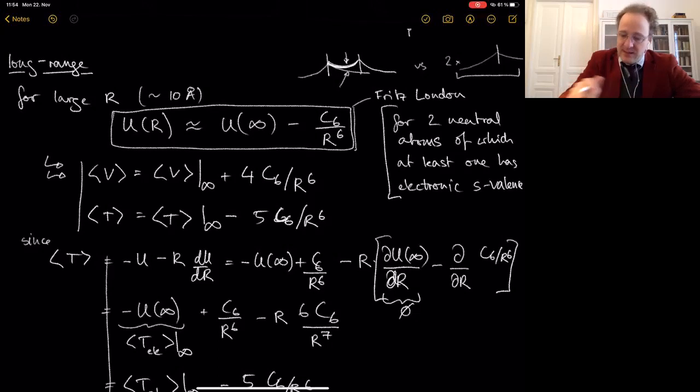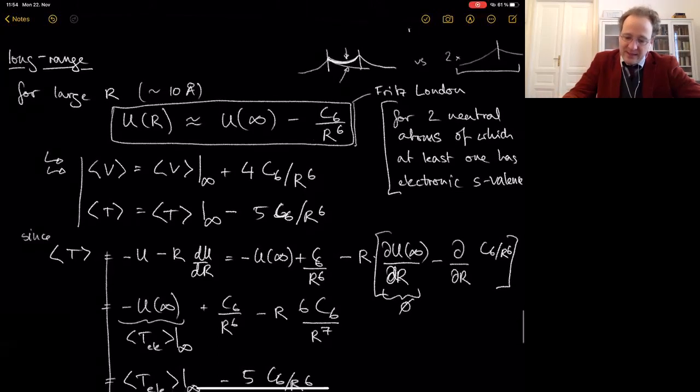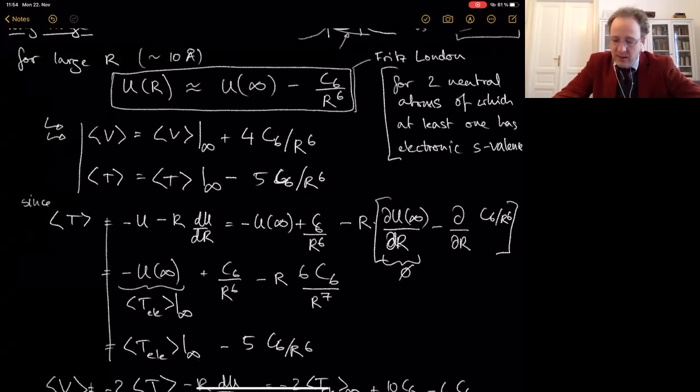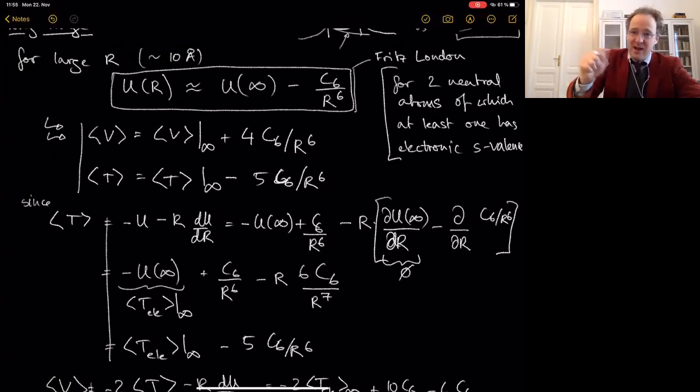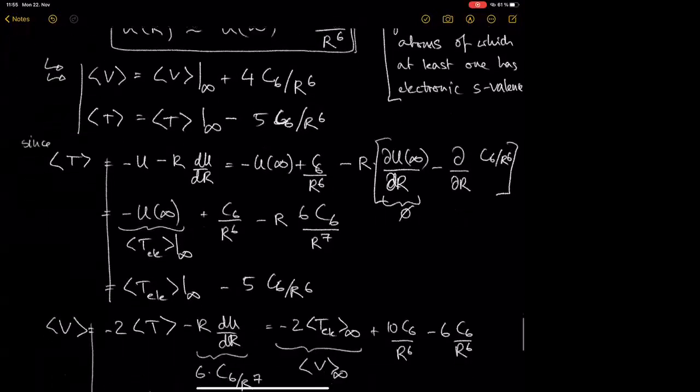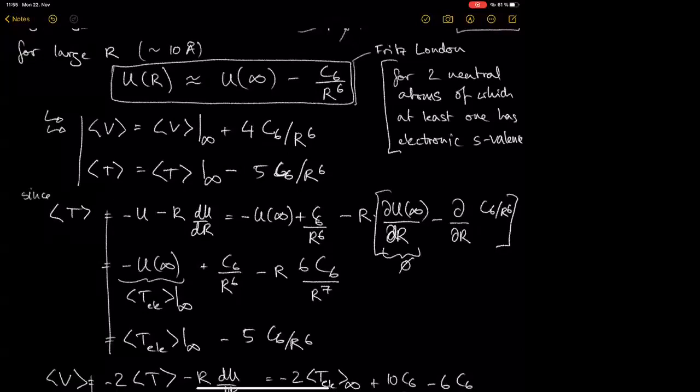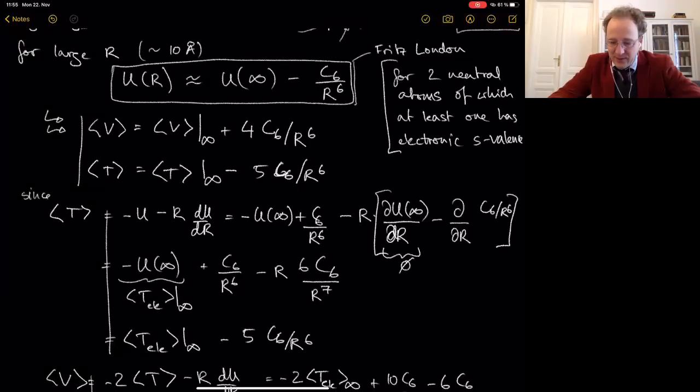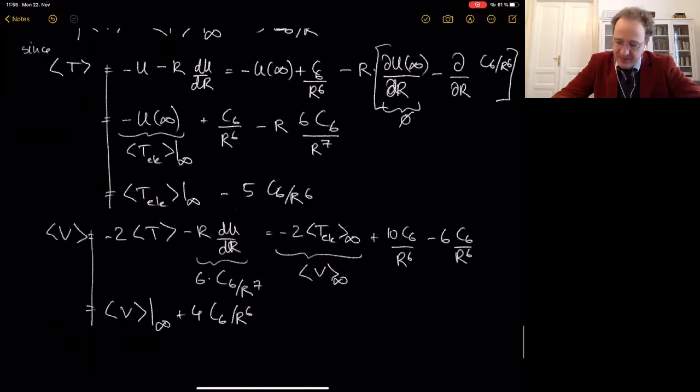So you can think of it as a polarizability prefactor. It just scales the magnitude, but the tail is dominated by this R to the minus 6. Thank you for this question. I sort of presumed this was known, but it's of course important to explain this.